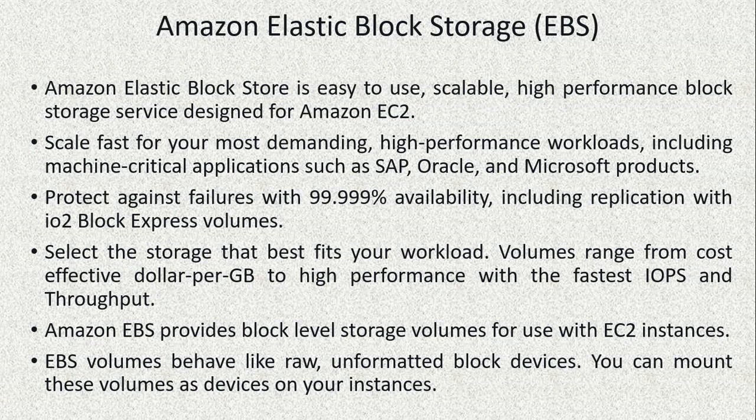Protect against failures with 99.999% availability, including replication with io2 Block Express volumes. Select the storage that best fits your workload. Volumes range from cost effective dollar per GB to high performance with the fastest IOPS and throughput.